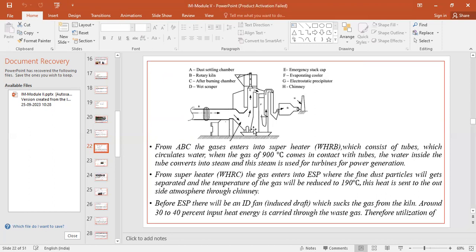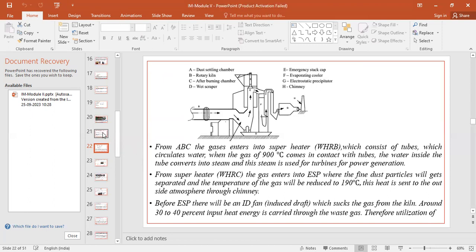This is the dust settling chamber, and you have the ABC, the after burning chamber, and then you have the evaporating cooler, and then you have the electric precipitator, and then finally it goes to the chimney.